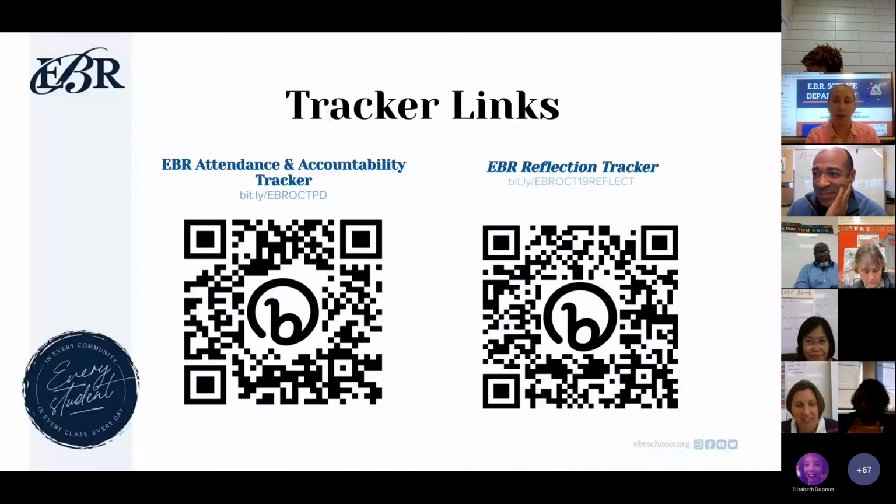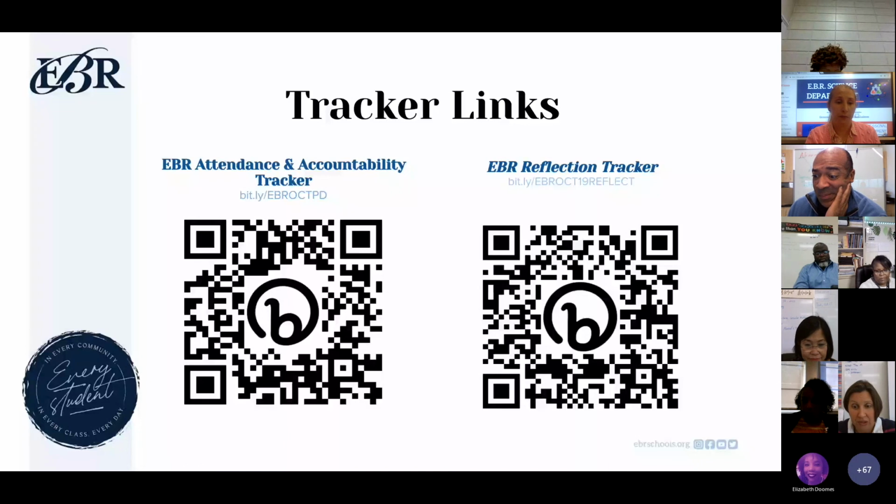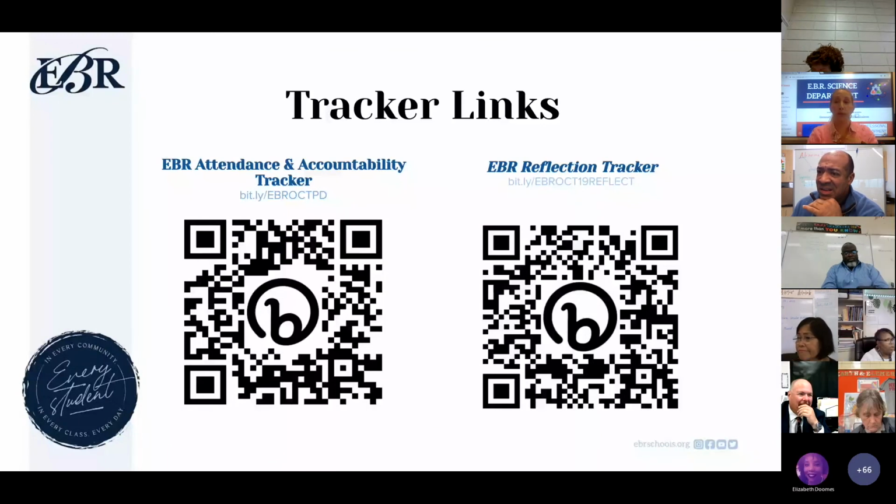Can everybody see the QR codes? It's bit.ly/EBROC, EBROC. So I can see the QR codes.